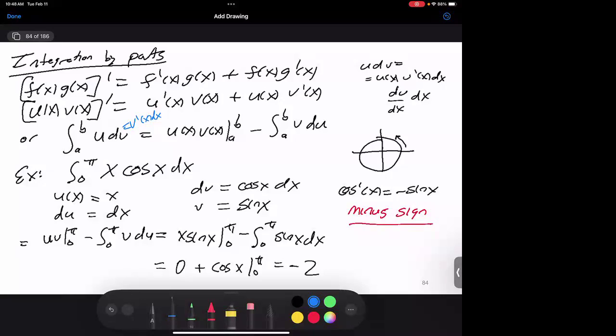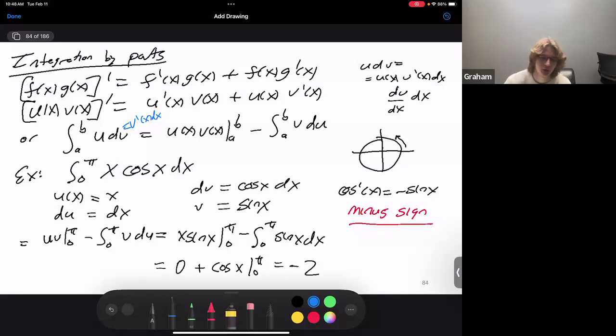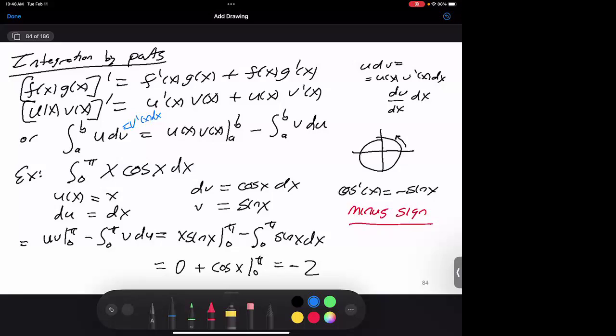Does anybody know why I chose to make u of x equal x and not cosine x? Why would I choose u of x to be x? Because it's simpler to differentiate than integrate, whereas cosine or sine doesn't get any simpler depending on if you choose it for u or v.